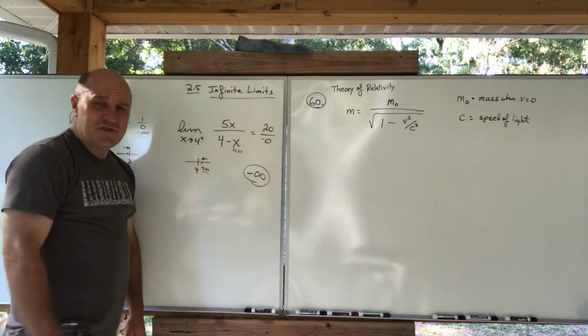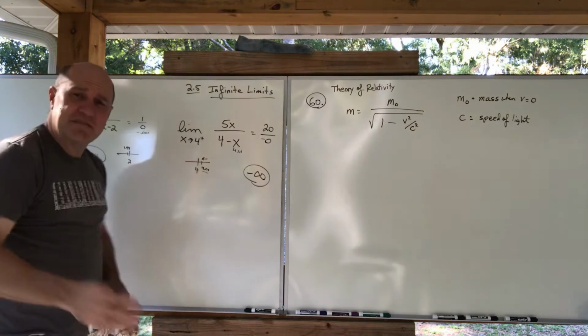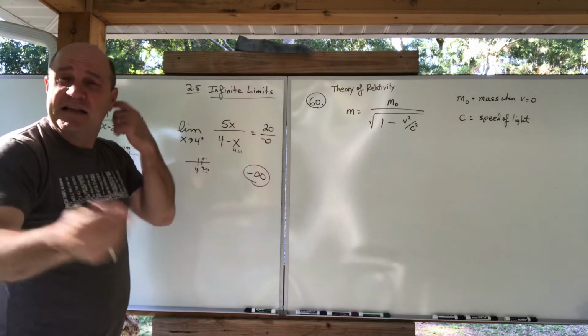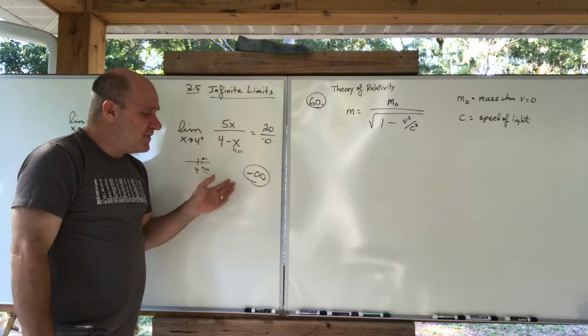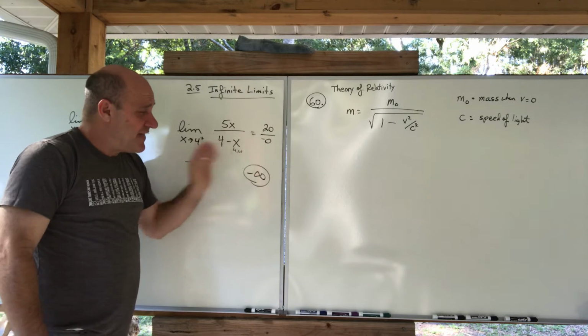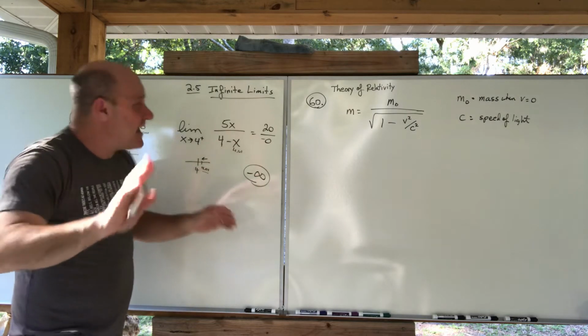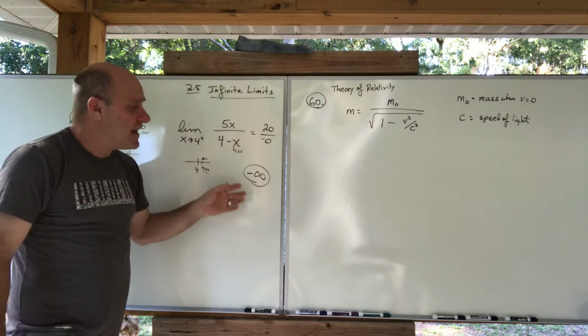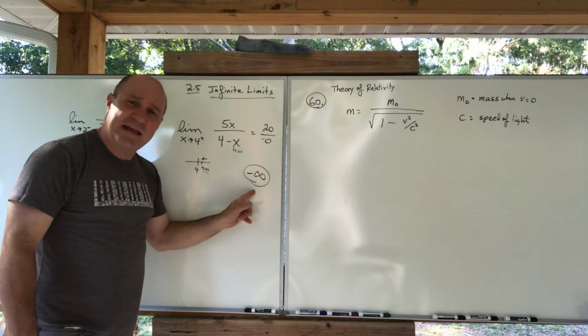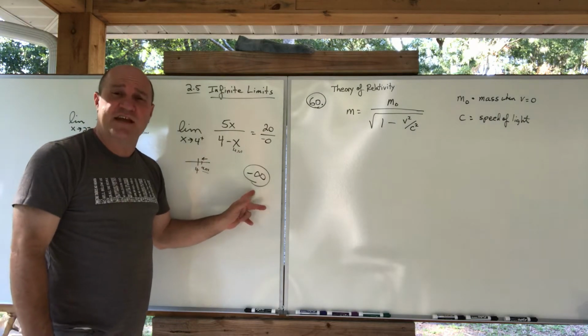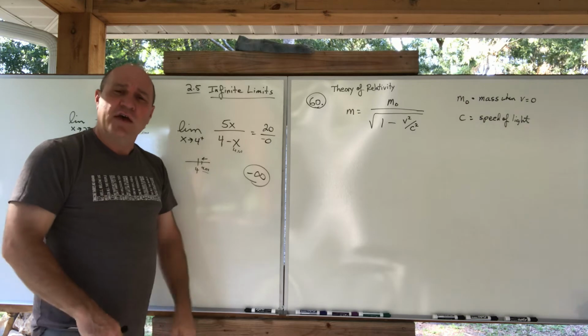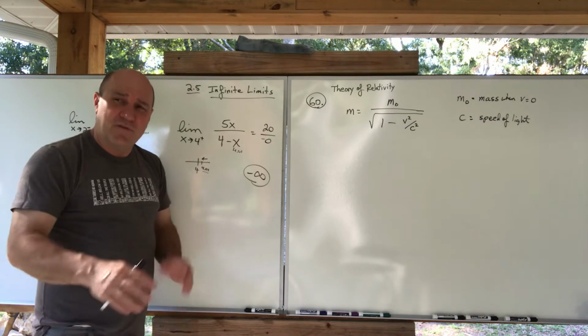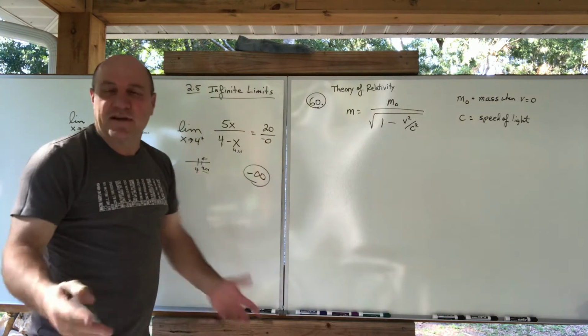Now listen, what's interesting is there were a couple of one-sided limits back in section 2.4. In section 2.4, you would get something like this, and they hadn't taught you how to analyze it yet. They hadn't taught you infinite limits yet. And when you get this answer back in 2.4, they want you to say the answer does not exist. So the book is a little inconsistent.